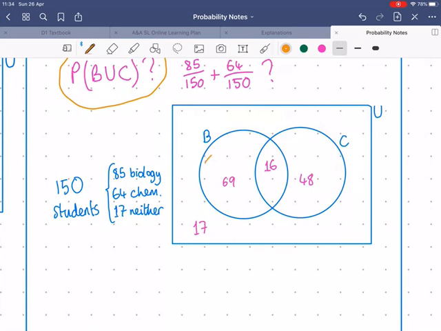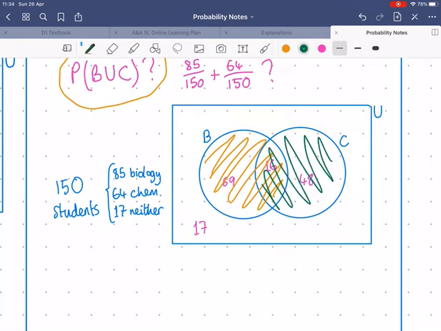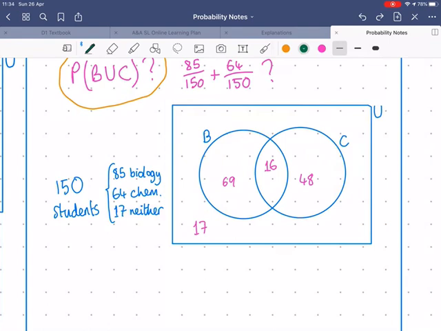Well, we counted B, that was our 85, and then we counted C, that was our 64, but you can see just from the shading here that I've shaded in the intersection twice. Okay, I've counted those 16 people that study both subjects twice.